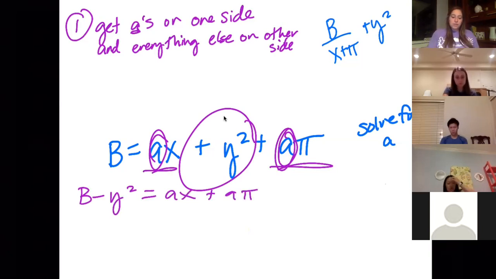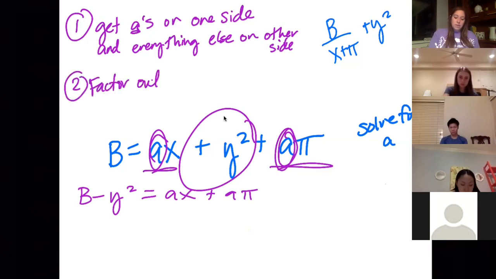Step number 2 is you're going to factor out the a. That's kind of what we did on 5B. We factored it out because I have an a here and an a here. So I can rewrite this right side as a parenthesis x plus pi.